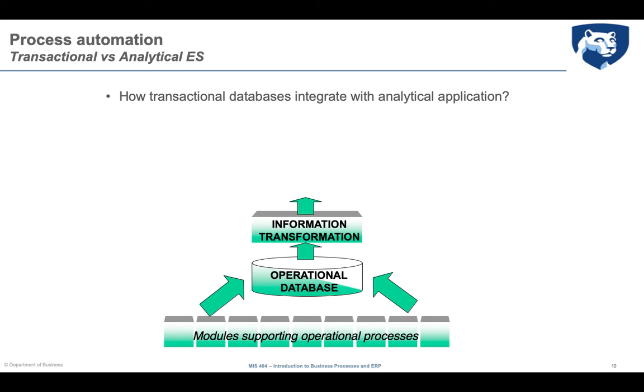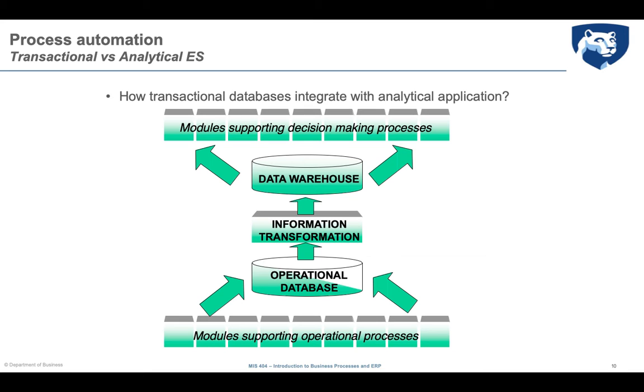The operational databases collect all the information, which is then transformed and integrated in the data warehouse, and it is in the data warehouse where the modules of the OLAP information system take information to support decision-making activities.